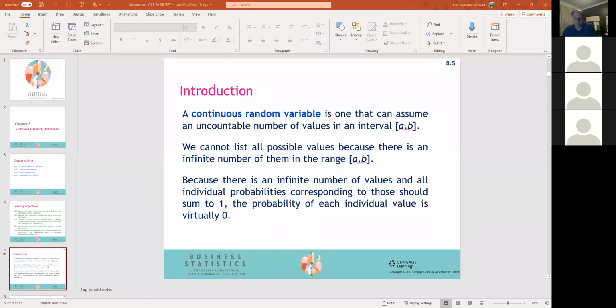And then we define the probability. Let me just share the screen. With discrete variables, which we did last time, we allocate a probability.